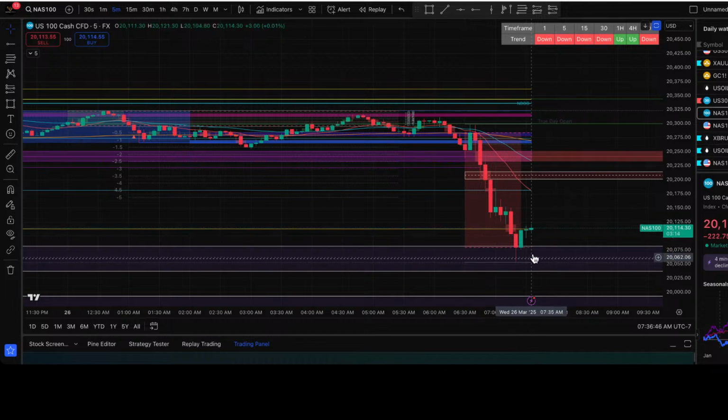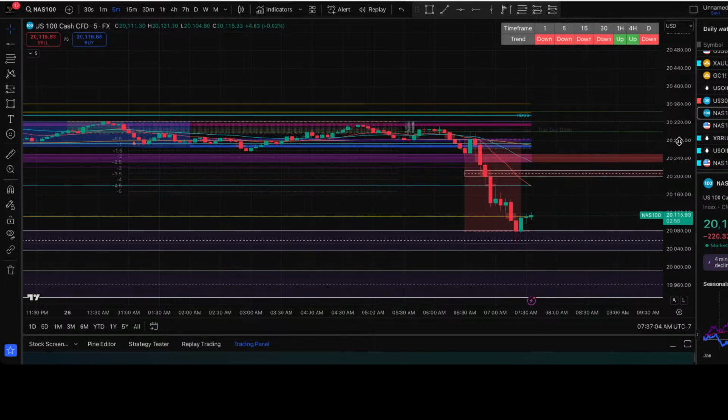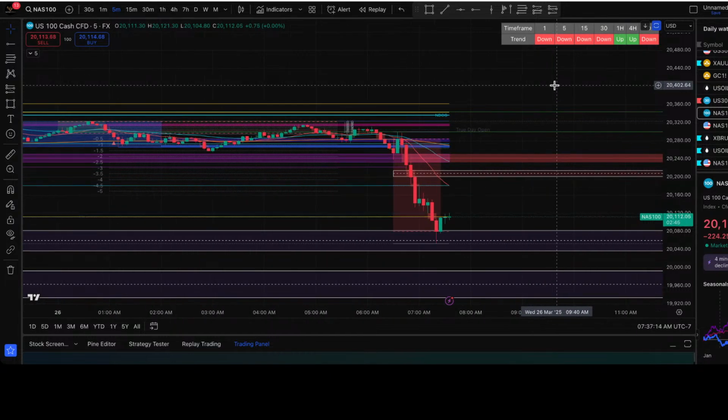With this big drop into a higher time frame PD array, you could get a deep pullback, or even a complete change in direction. If we get a confirmation on any other asset, we will be jumping over.